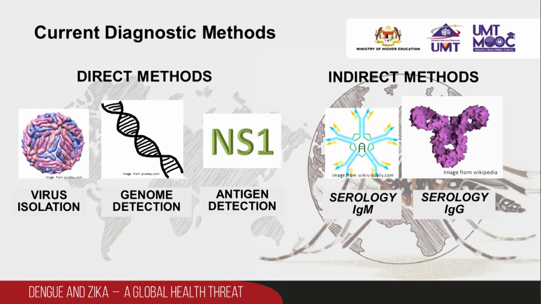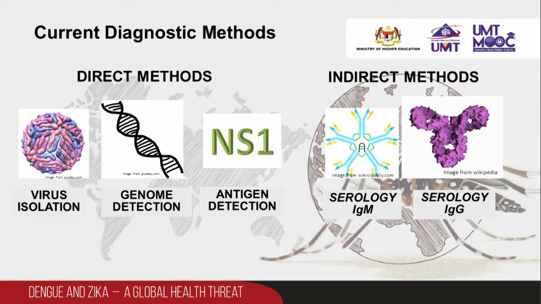Laboratory diagnosis methods for confirming dengue and Zika virus infection may involve detection of the virus, viral nucleic acid, antigen or antibodies, or a combination of these techniques. These techniques are usually referred to as direct detection methods and indirect detection methods.